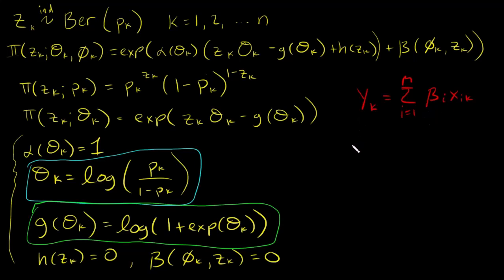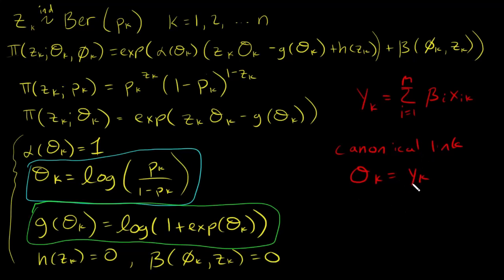And the canonical link means, there are lots of different choices for link functions. The canonical link function sets theta k equal to y k. All right, so here's theta k, and then you would set it equal to y k.